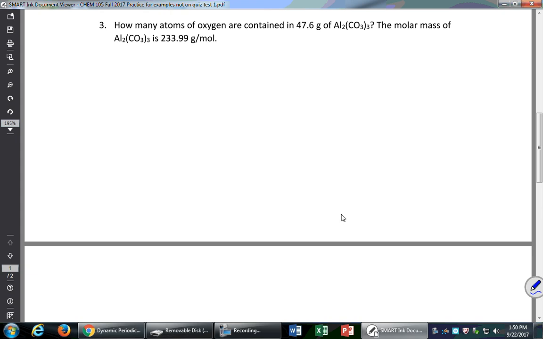So to figure that out, the first thing I need is to know, I have my molar mass. I need to know my relationships. And if I know my relationships, I can figure this out. So first thing, I have 1 mole oxygen equals 16 grams oxygen. I know that.